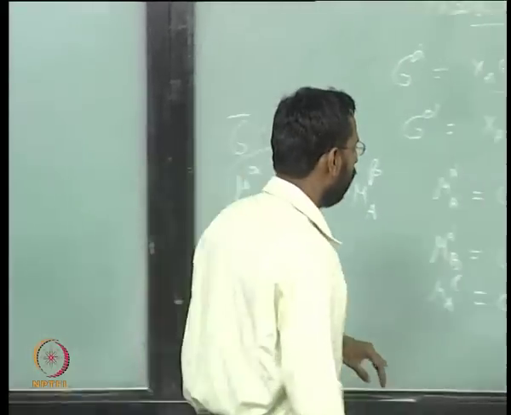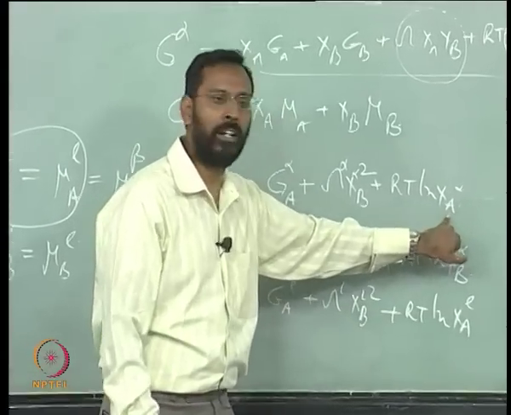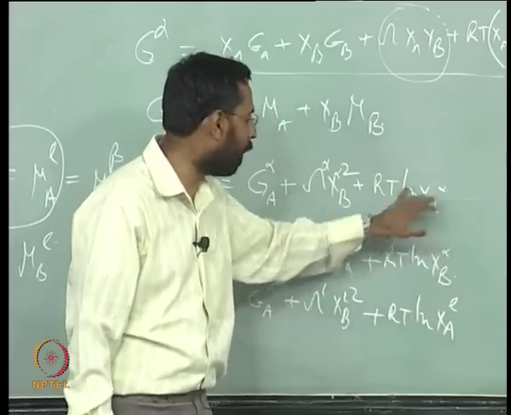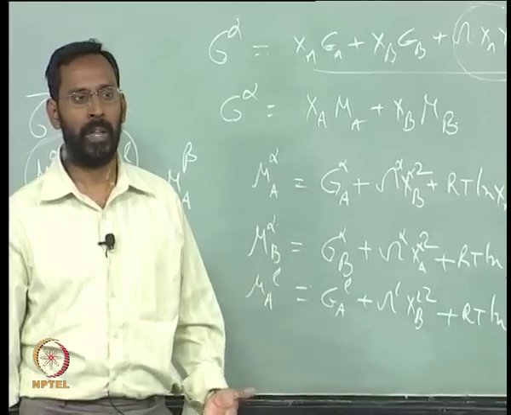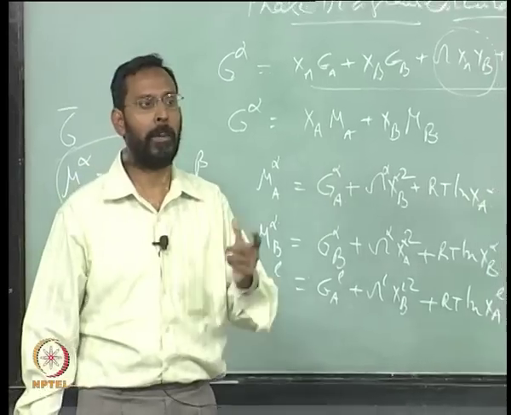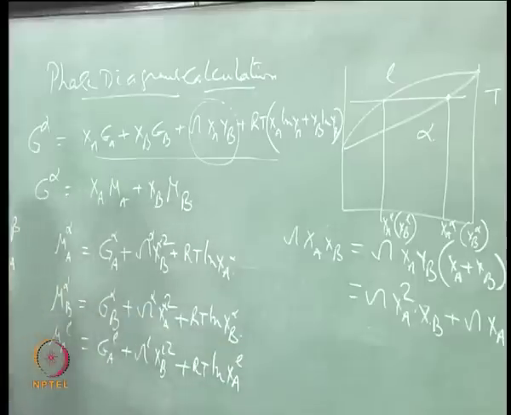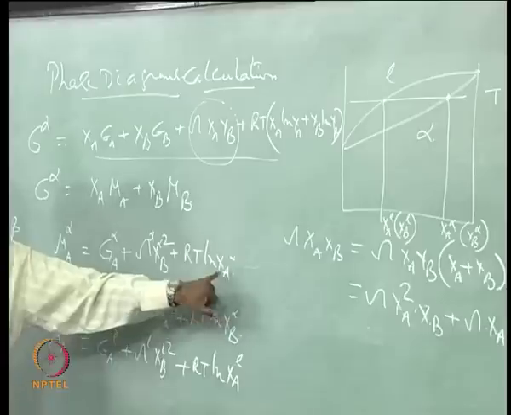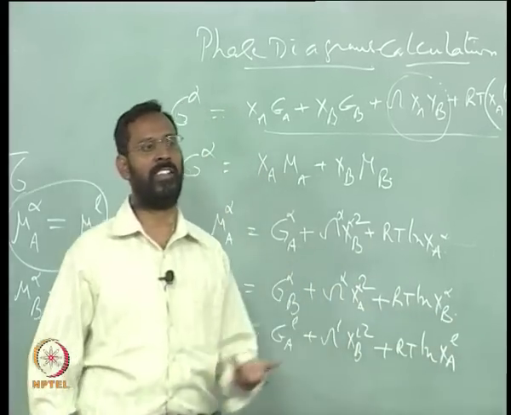So in this particular equation, wherever there is an XB, I can write it in terms of XA. So there is only one compositional variable for the alpha and one compositional variable for the liquid. There are no two compositional variables for a particular phase, because XA alpha and XB alpha are connected with each other. Am I right? So once I know that, I can replace XA alpha with 1 minus XB alpha, or I can replace XB alpha with 1 minus XA alpha.